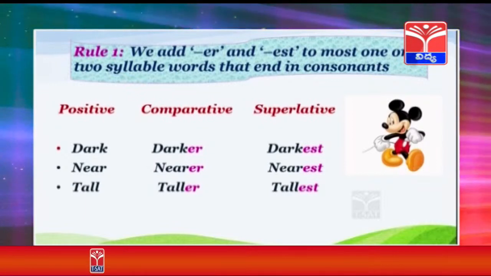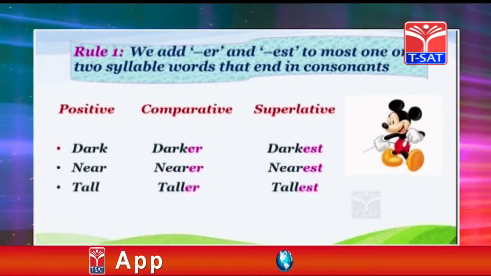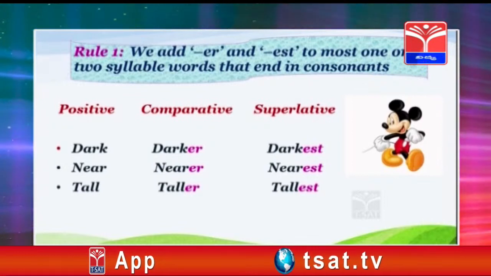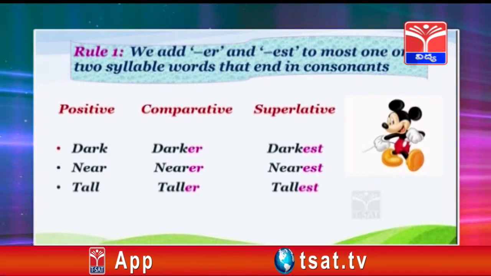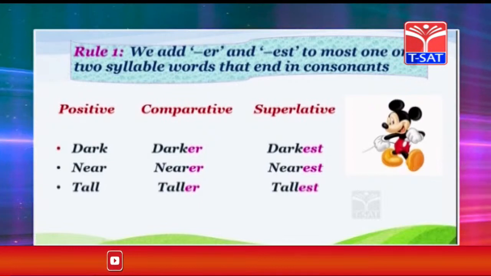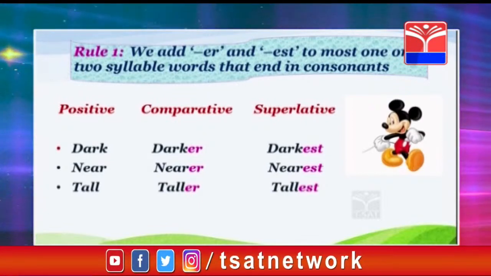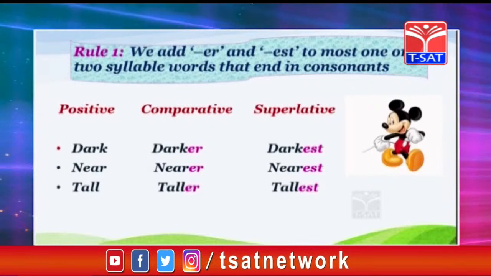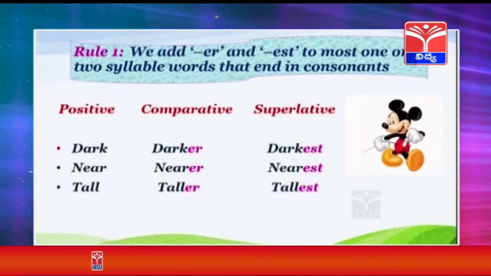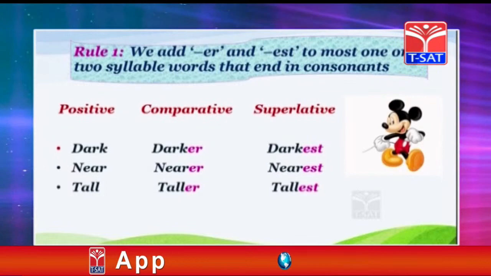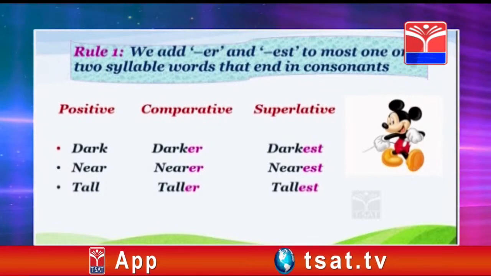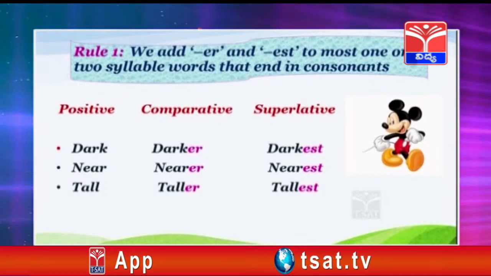In the same manner, the next word, near. So here we have added the letters ER in the comparative degree and EST in the superlative degree. Likewise, the word tall becomes taller in comparative, and tallest in superlative.